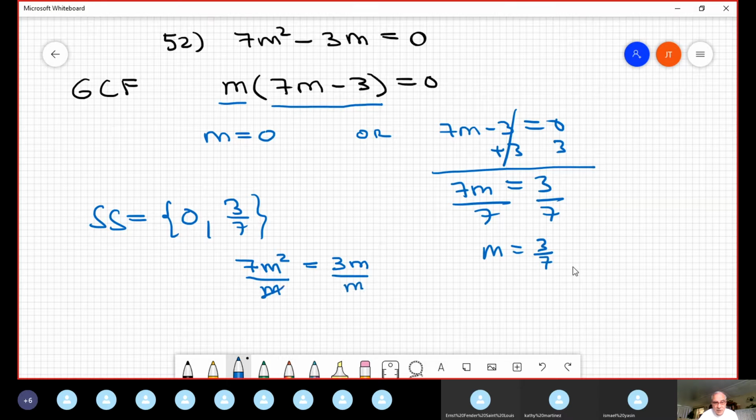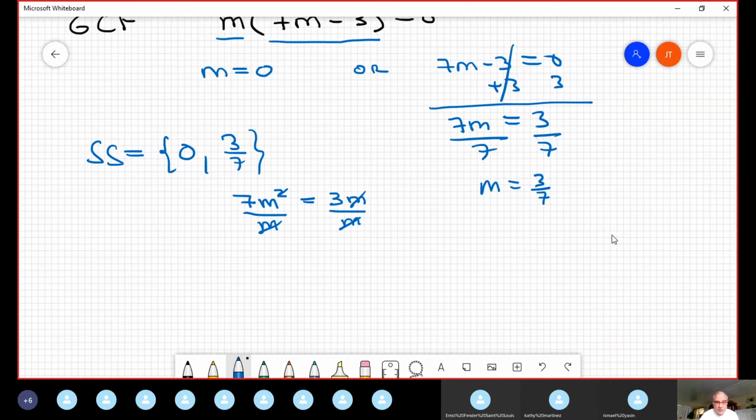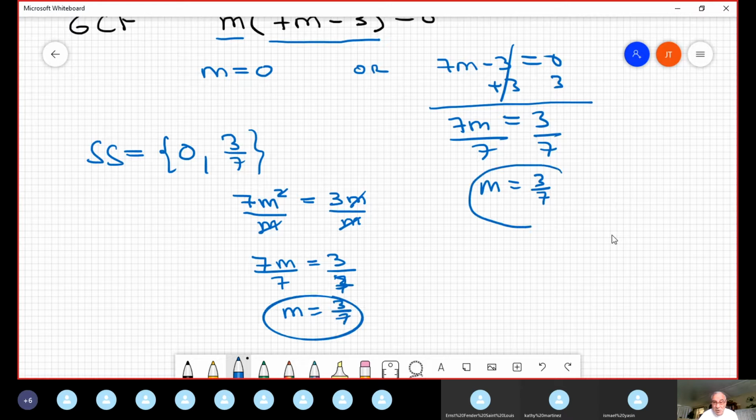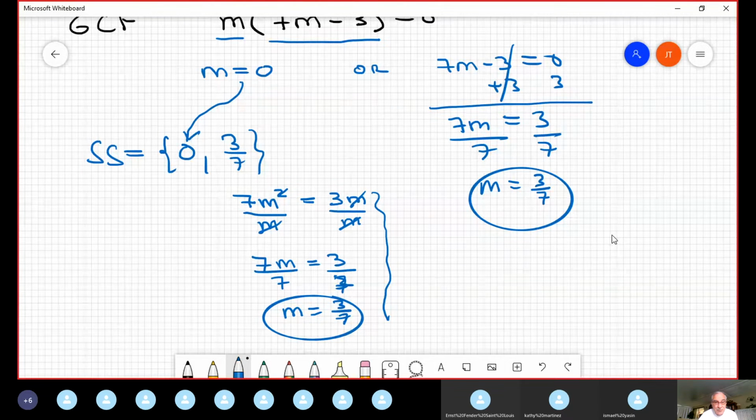This cancels with one of these. So we have 7m equal 3. Divided by 7, m equal 3 over 7. You get exactly this solution, but you lost the solution 0 in the middle of the process. So be careful. This is totally wrong, in my opinion.